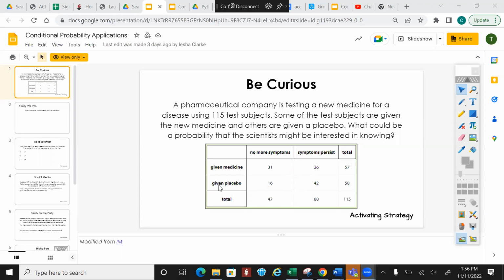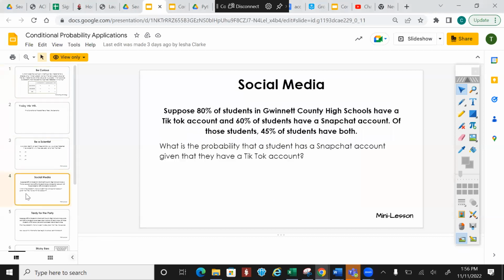Maybe given the placebo, but the symptoms persist. Maybe no symptoms and still given placebo. All the information is very important. Go ahead and take a moment, read this problem over, and see if you can figure it out.